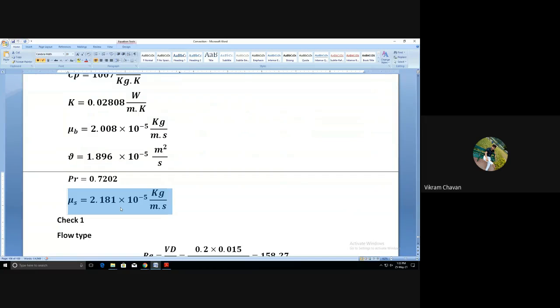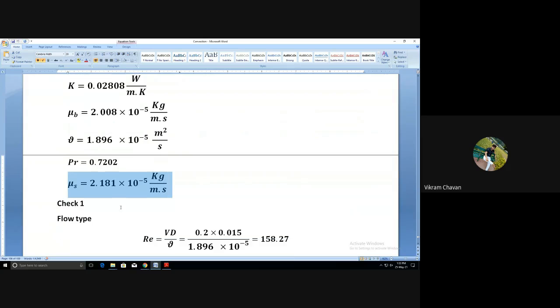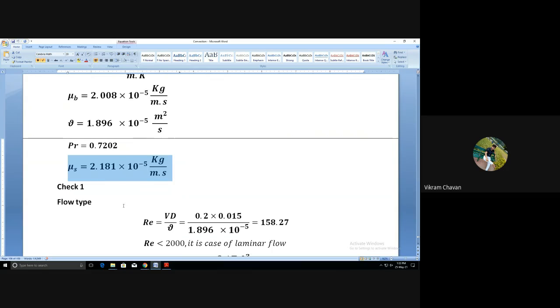So our first check will be the flow type, whether the flow is laminar or turbulent. Flow type will be determined by using the Reynolds number.